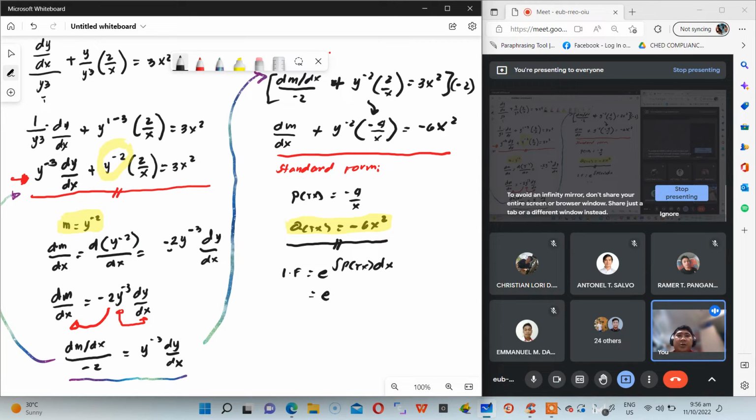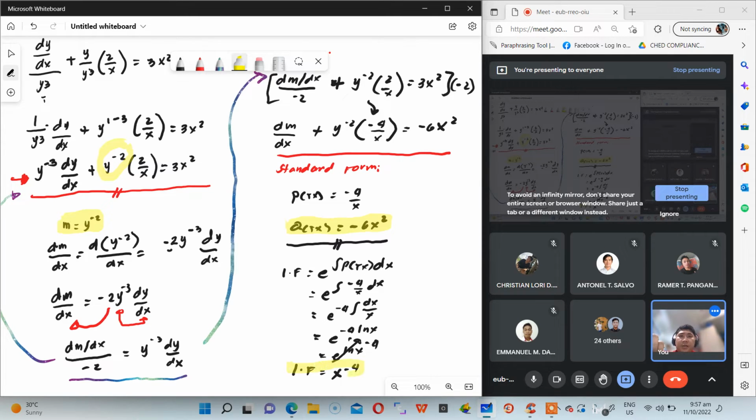So our integrating factor is equal to e raised to the power of the integral of negative 4 over x dx, or e raised to the power of negative 4 times the integral of dx over x, which equals e raised to the power of negative 4 ln of x, or e raised to the power of ln of x raised to the power of negative 4. This becomes 1. Therefore, your integrating factor is just equal to, oh sorry, x raised to the power of 4.